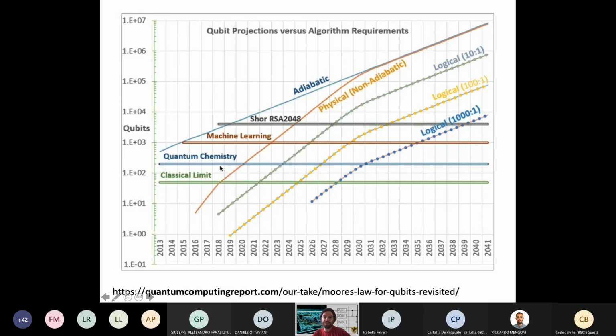And these are the different fields: quantum chemistry, machine learning, and encryption. And these are in some way different curves that depend on how many logical qubits, how many physical qubits you want to build for a logical qubit.